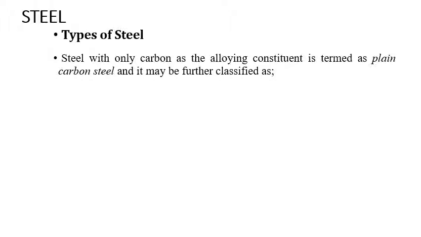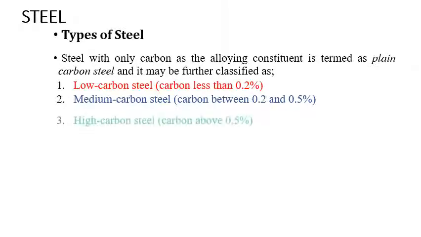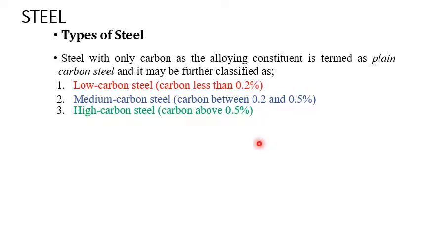In the steels, as we have seen in the iron carbon diagram, we have three types of steels. Depending upon the carbon content, we term them low carbon steel, which has carbon content less than 0.2%, medium carbon steel, which has carbon content between 0.2 to 0.5%, and high carbon steel, which has carbon content above 0.5%.